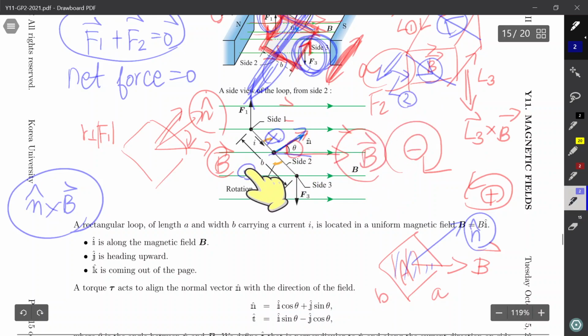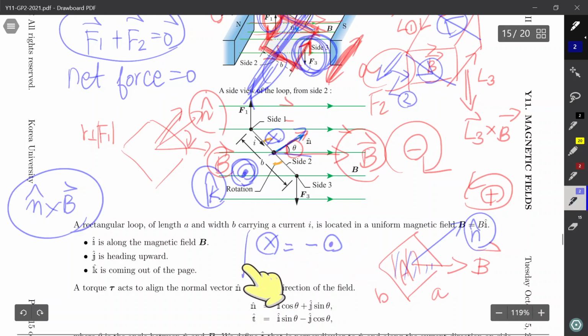But we note that the unit vector k is coming out of the paper. So this one is minus of this direction.